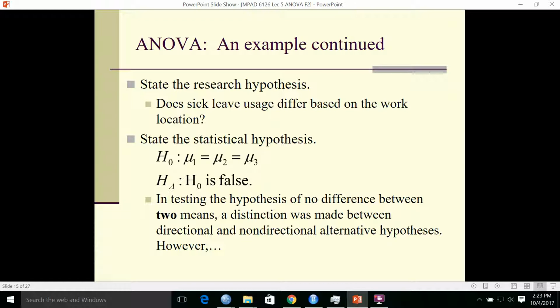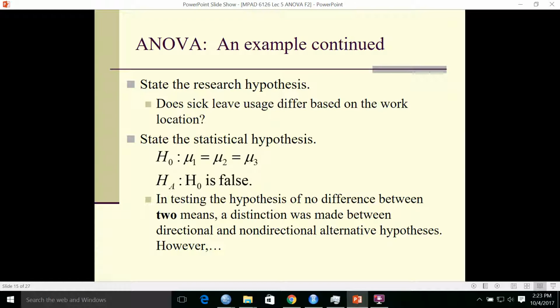Now that I see my slides, I see why some students have used this sort of notation, and maybe it's not a good notation. So in this test, we are actually saying that there is no difference between any of the means. And so we really can't posit a directional hypothesis in this case.